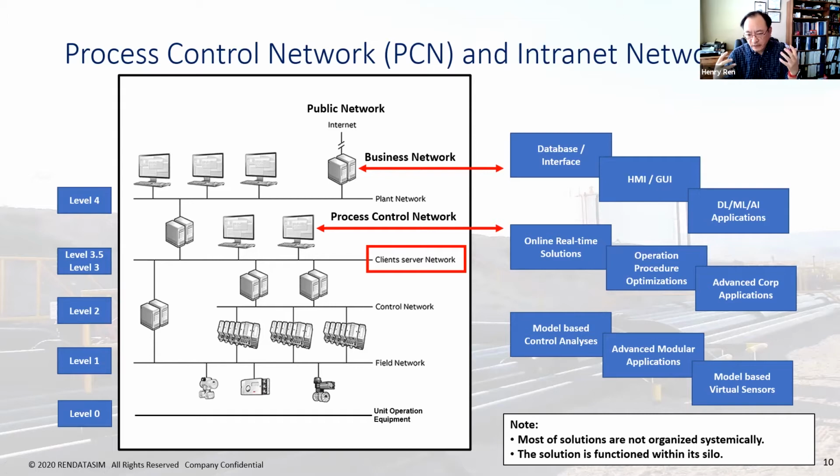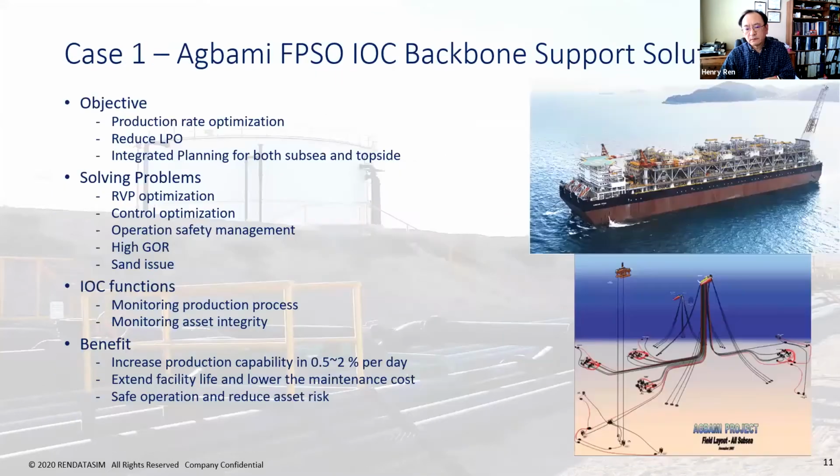They never connect to each other and don't have the digital transformation view, digital twin view, or IIoT view. They just serve limited objectives. Okay, that is the current status. From now on, I would like to talk about 5 cases in different areas, to give you an idea of the current practice level and the technology adopted.